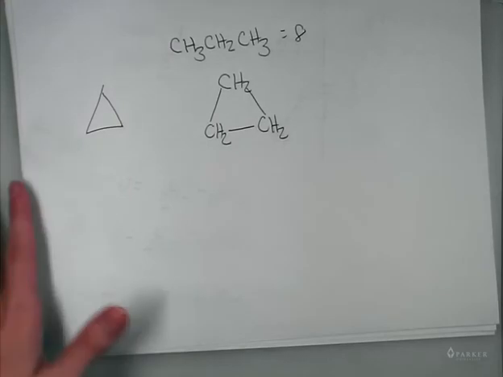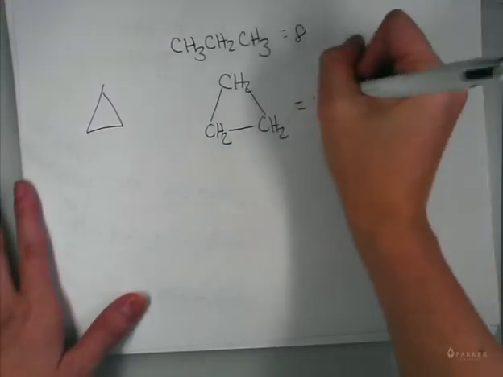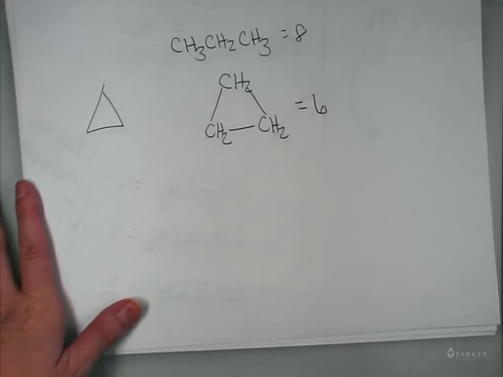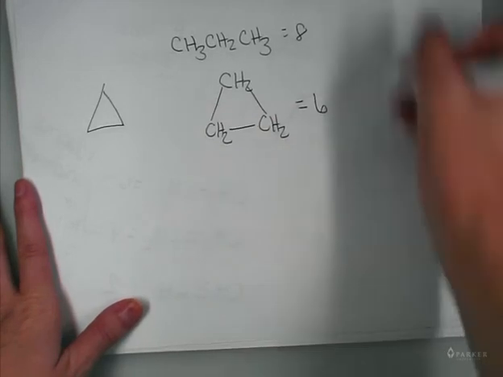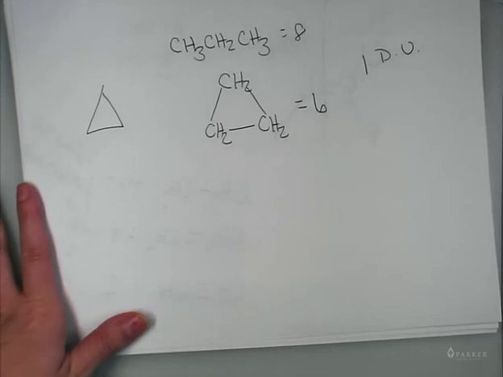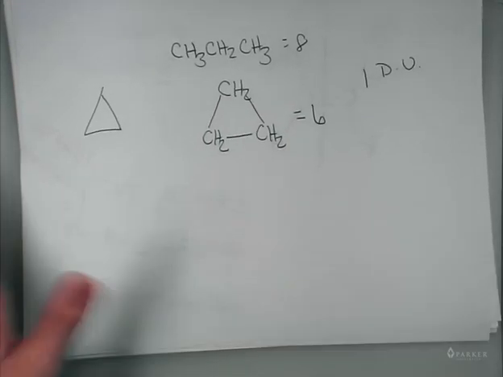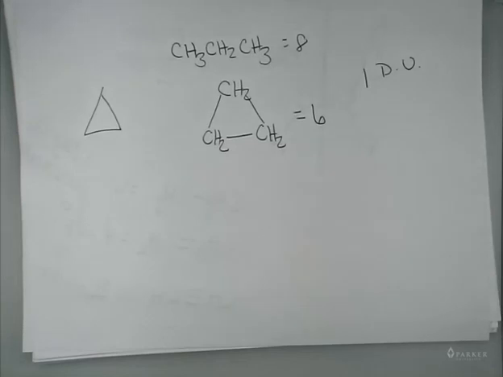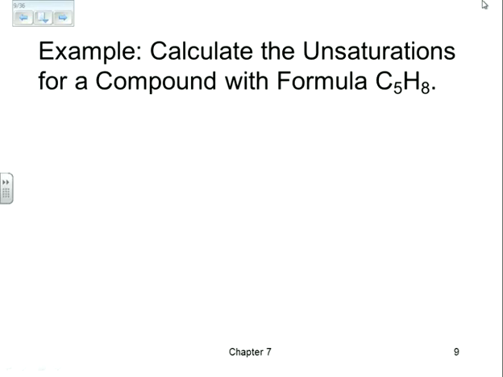Now how many do I have? 6. So how many degrees of unsaturation did that take? 1. So that's what it means. Basically, every time you have to lose 2 hydrogens to make an extra bond, we call that a degree of unsaturation. And there's a formula to calculate that.